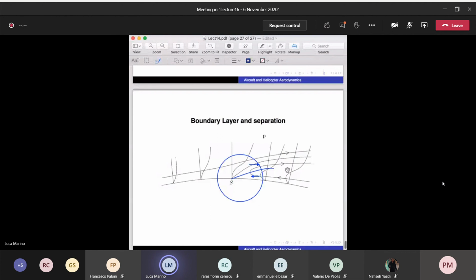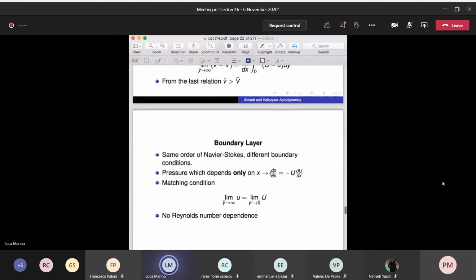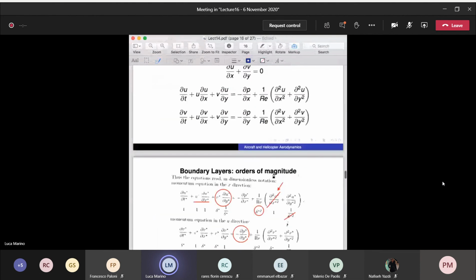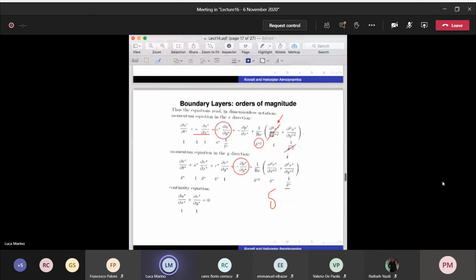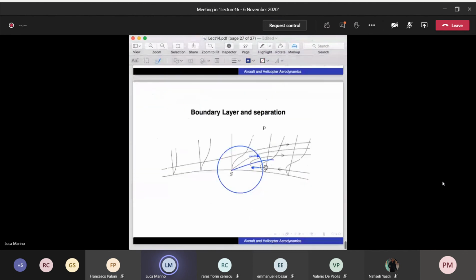The approximation is correct if the two scales are different, because as you remember from what we have done today, we split the two scales and we neglected part of the equation, assuming that delta is smaller than 1. But if, like in this case, the changes along x are of the same order of magnitude as the changes along y, this is no more true.